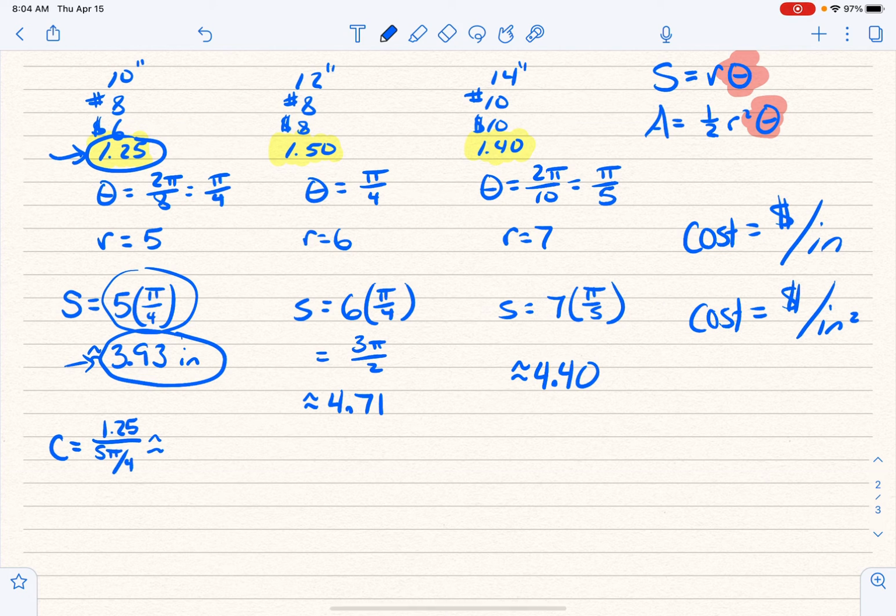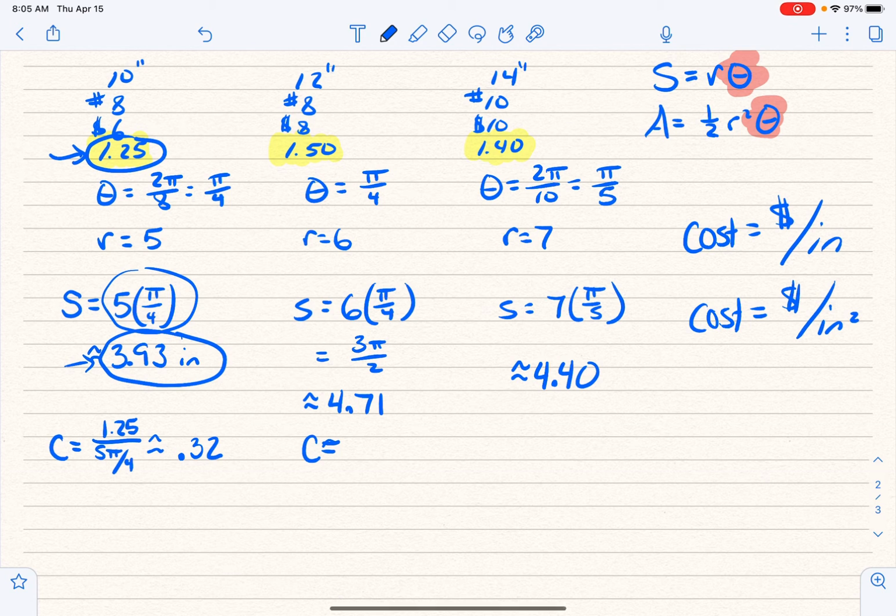Okay, and I can put that into the calculator, but I have to use a lot of parentheses. So I'm going to say 1.25 divided by, open a set of parentheses, 5 pi divided by 4, close the parentheses. I hit enter, and if I go to the nearest penny, I get 32 cents. So it's about 32 cents per inch of crust. Okay, next one.